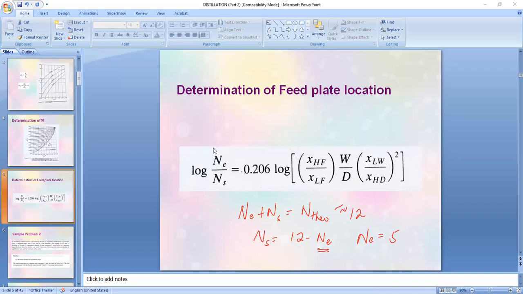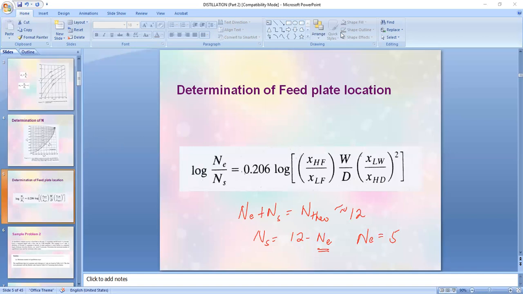That's the purpose of having this ratio of the number of stages in the enriching section and in the stripping section. Do you have any questions? Clarifications? I think there's none, so we will proceed.